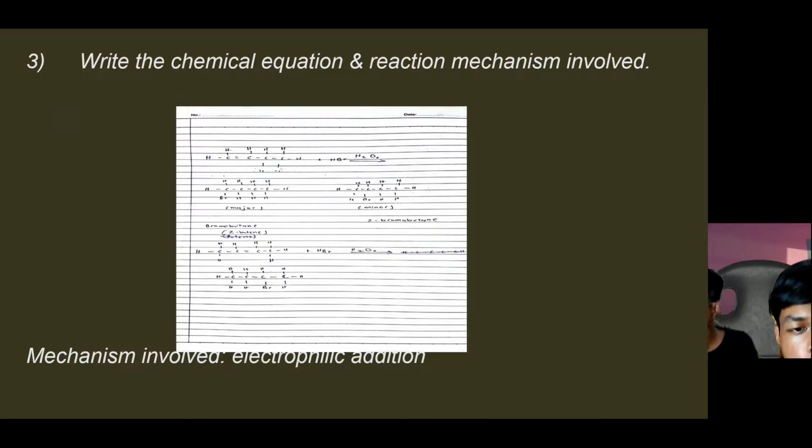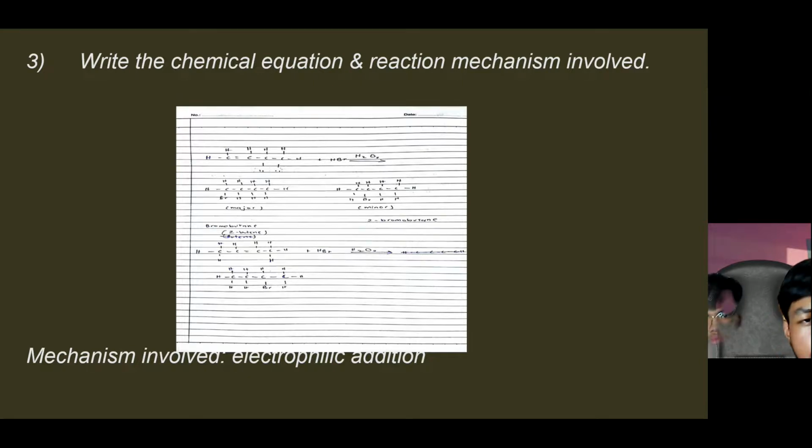For the major, bromine is placed on the first carbon, but in the minor, bromine is placed on the second carbon. The names for these structures are 1-bromobutane and 2-bromobutane respectively.